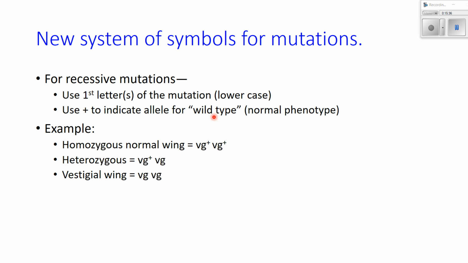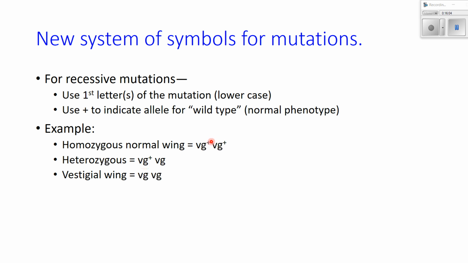And so that's what that means. It's sort of like the normal phenotype that you would expect to see in the wild. And in this case, because vestigial wings is recessive, vg is the recessive allele for vestigial wings. That means vg+ is the dominant allele for wild type. And remember, in this case, wild type means normal wing.